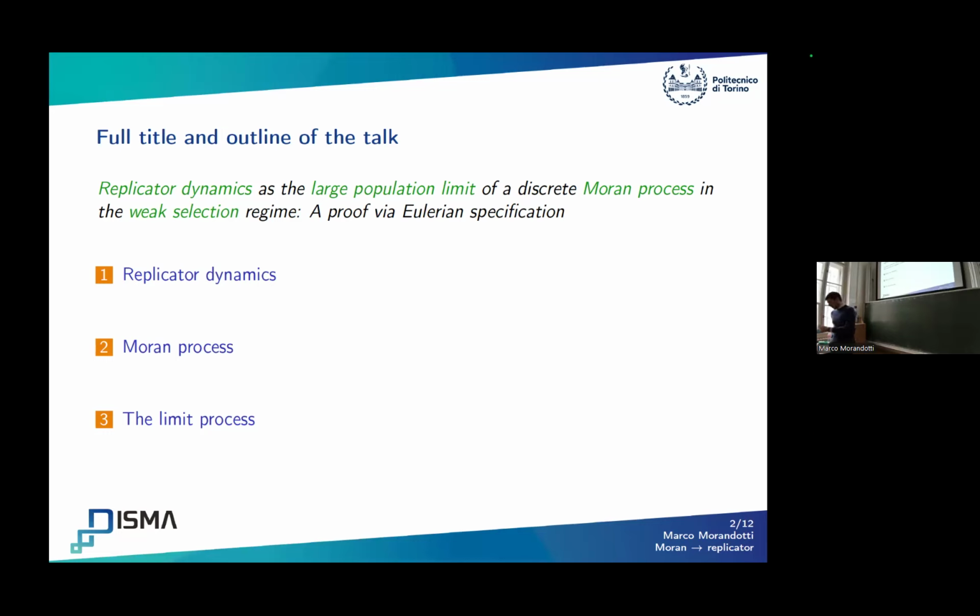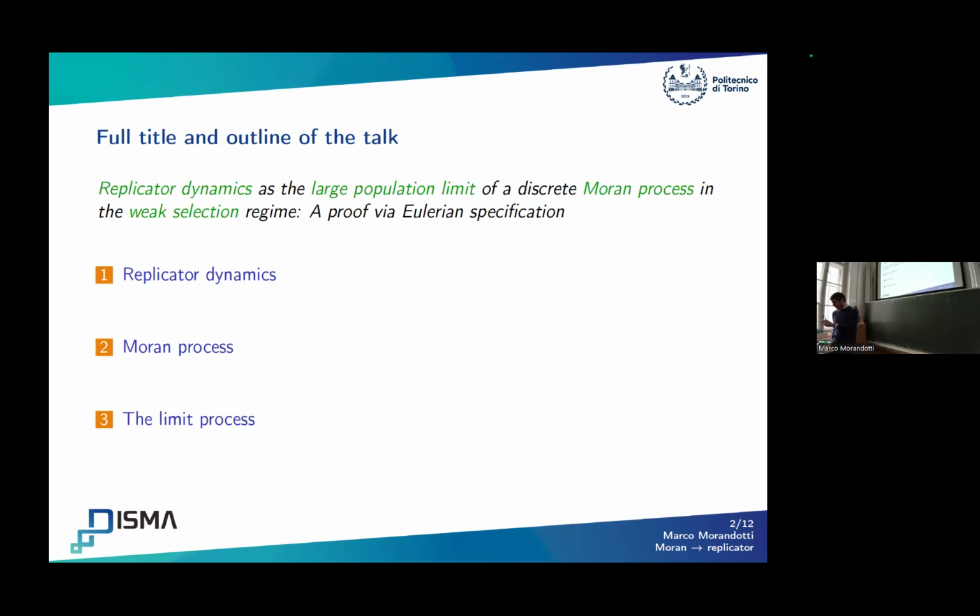And the last part, a proof via Eulerian specification, means that we will have to deal with some sort of measures of the strategies, and there's going to be a notion of Eulerian solution connected to that. So the link will be that when we perform the limit as the number of individuals diverges in the Moran process, then we will get the Eulerian version of the replicator dynamics.